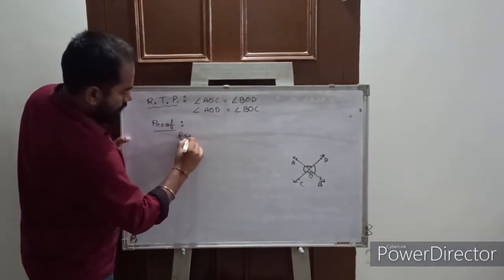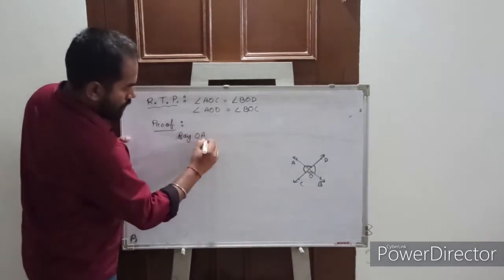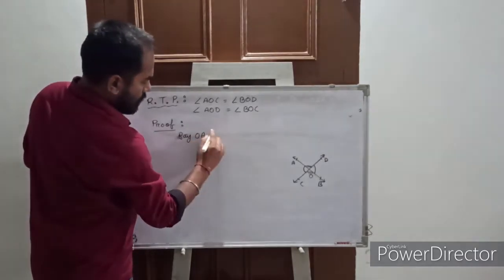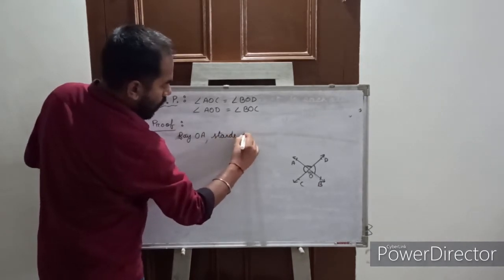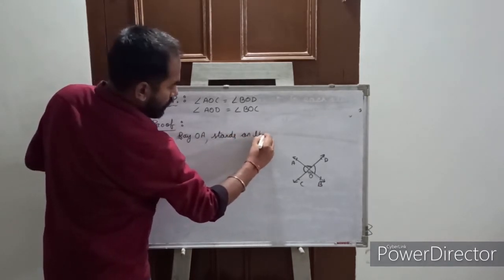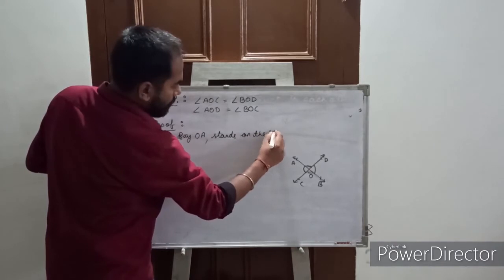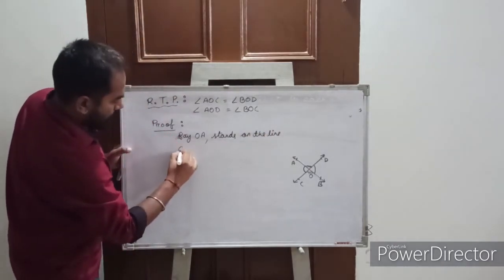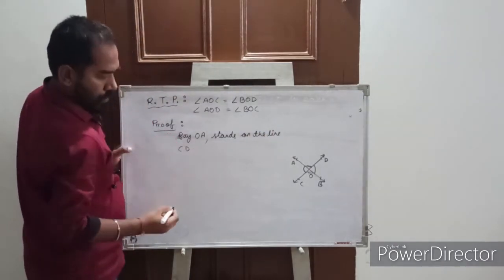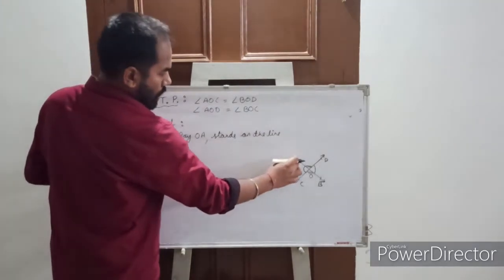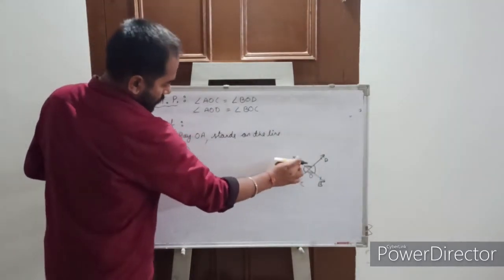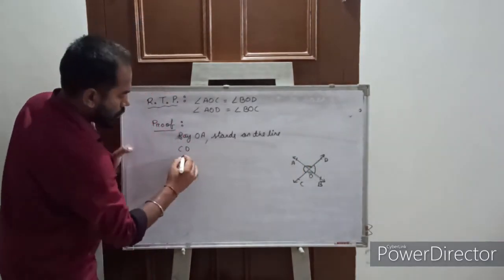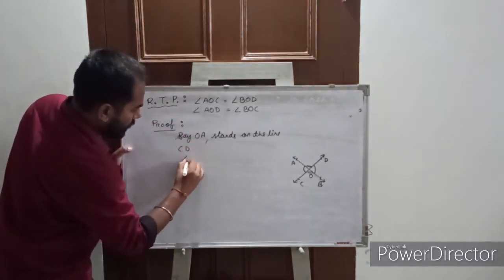Ray OA stands on the line CD. CD is a line and OA stands on it, so it forms a pair of linear angles.